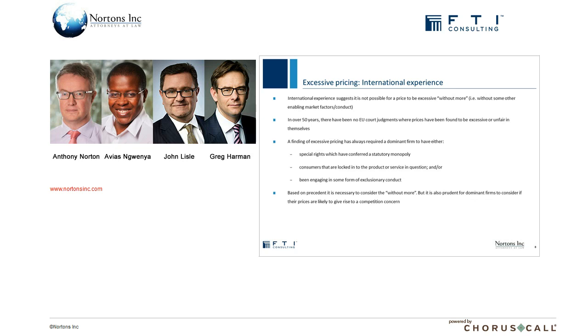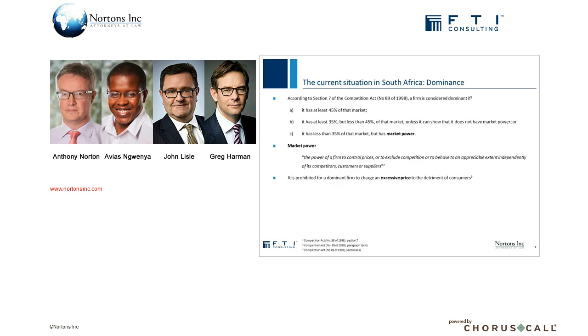If we turn slides, slide 9 just quickly addresses the question of dominance. I don't intend to go into this in any detail, but Section 7 of the Competition Act in South Africa essentially says that if you have over 45% market share in your defined market, then there is a presumption that you are dominant, and it doesn't matter even if you don't have market power; you're dominant.